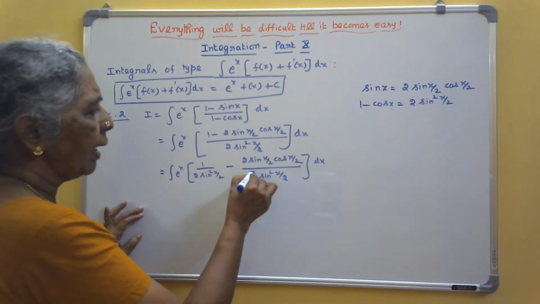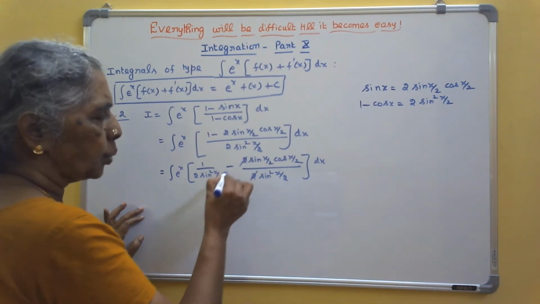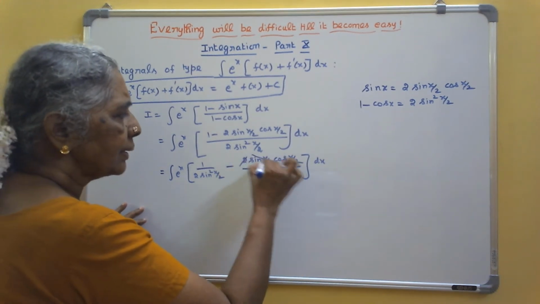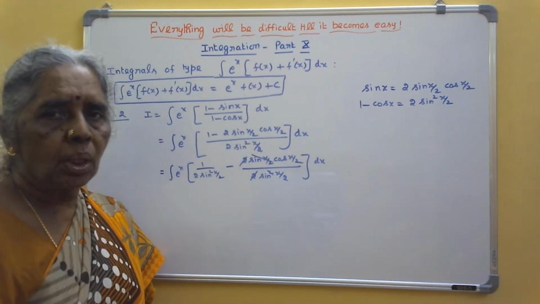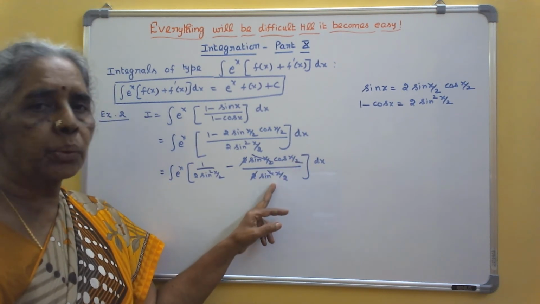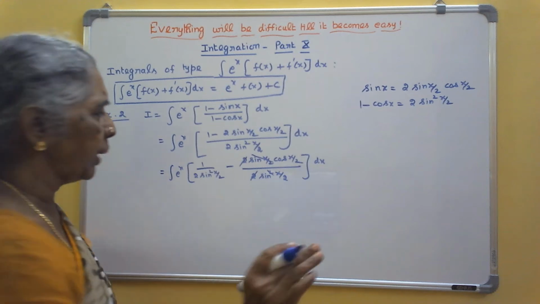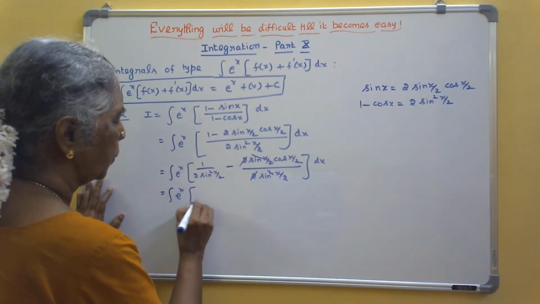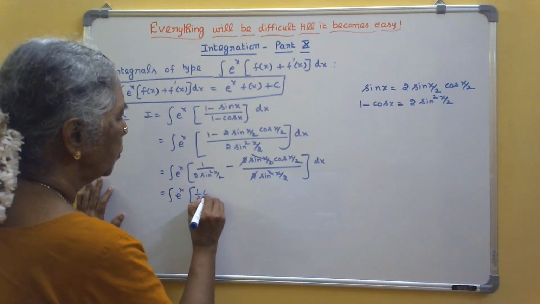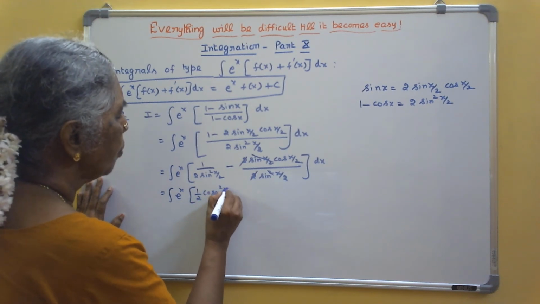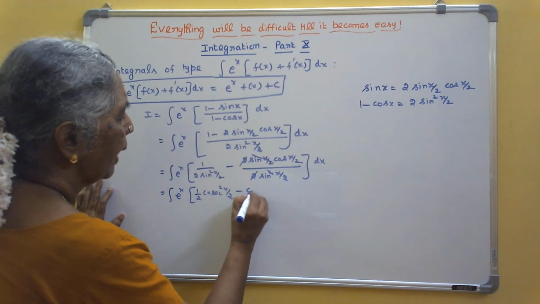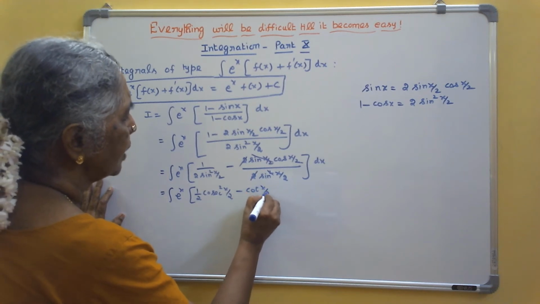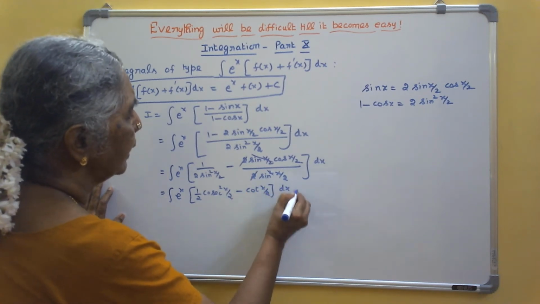In the second part, that 2, this 2 will go, one sin x by 2 will go. So you will get cos x by 2 by sin x by 2. So now I can write it e power x into, this is 1 by 2 cosecant squared x by 2 minus cot x by 2 then dx.